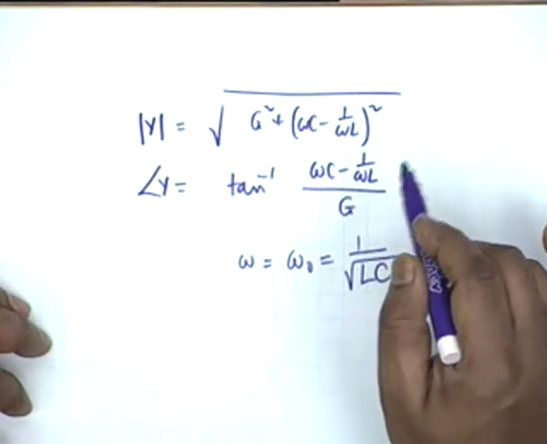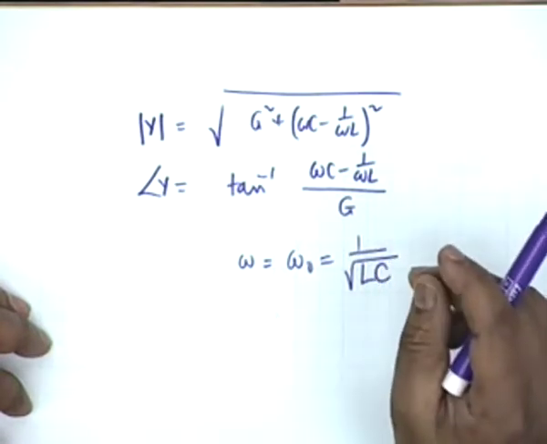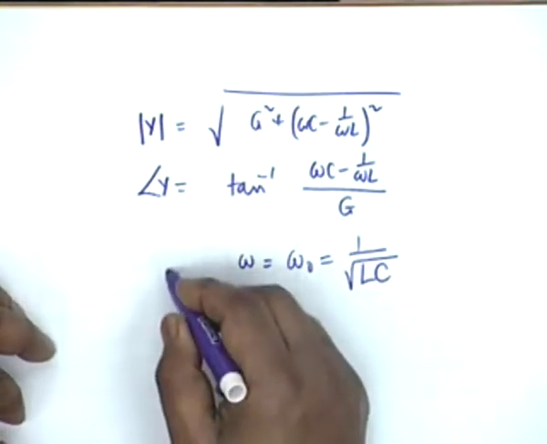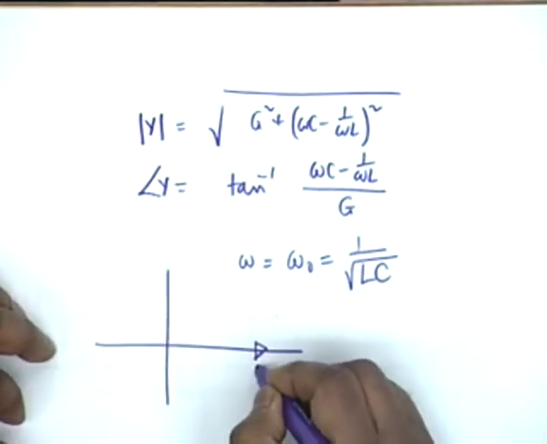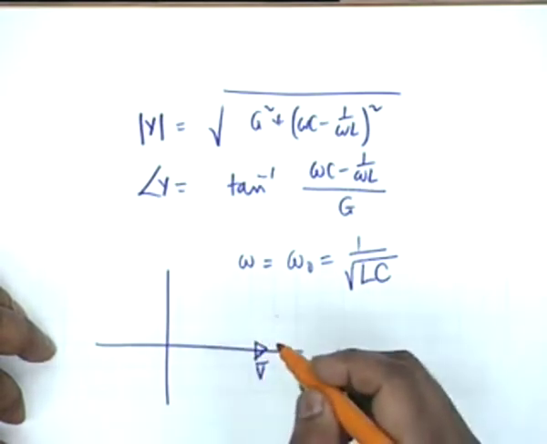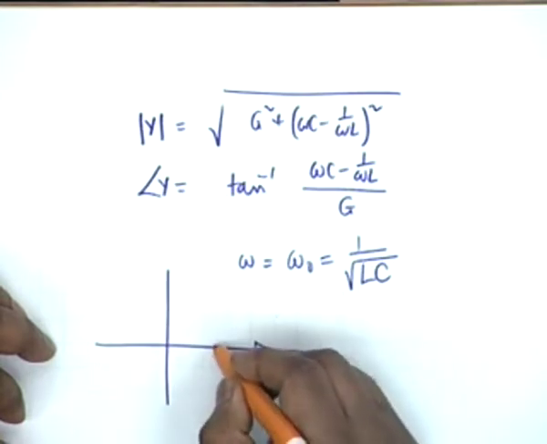In the phasor diagram now, instead of taking I as the reference, we take V as the reference. All right. Then we argue that IR, the current in the resistance, must be in phase with V. So this is IR.